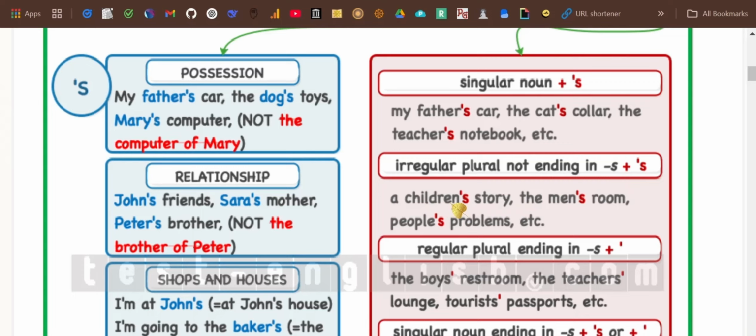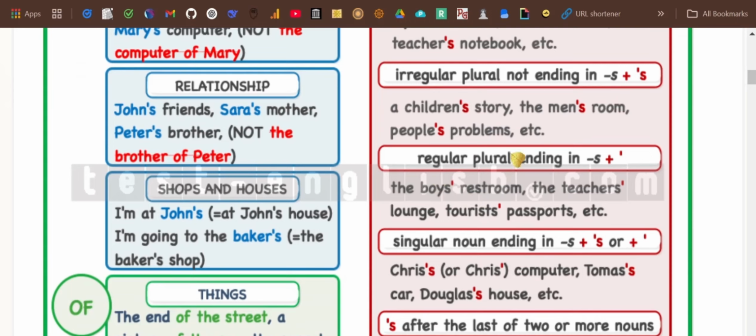What is the singular? Child. Plural, children. Then you can also just put apostrophe S, no problem. Men is plural, you see?